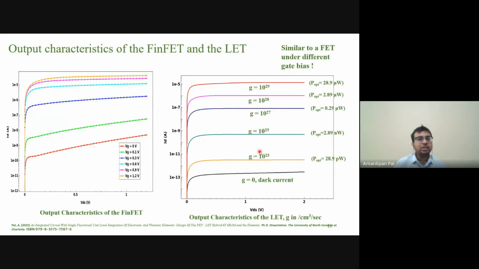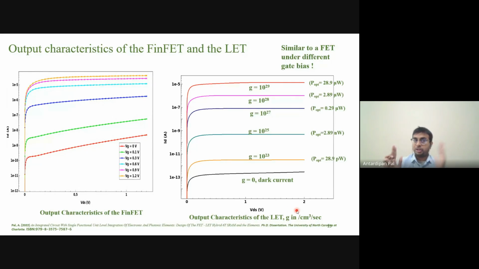Now the output characteristic. So what is an output characteristic? The drain voltage on the x-axis, drain current on the y-axis, for various gate biases, right? As we increase the gate voltage, the drain current increases because this is a gate control device. A similar, equivalent thing happens there. We have a drain current and drain-source voltage because we have the drain and source.